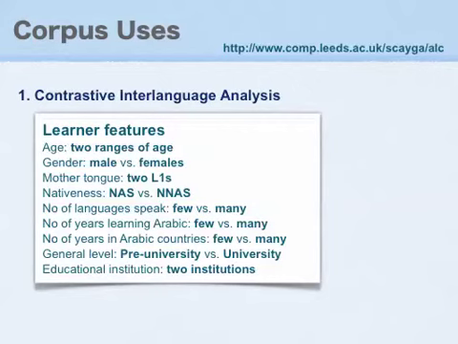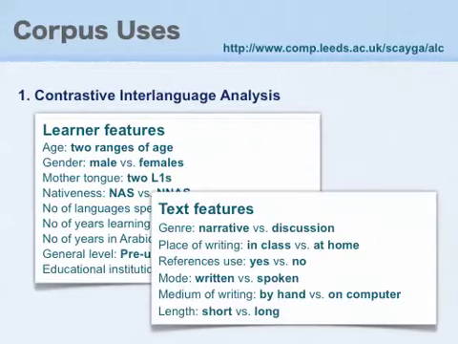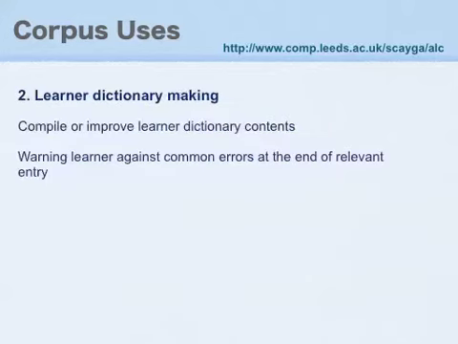So, the user can use the learner features like age, gender, mother tongue, nativeness, etc., or the text features like genre, place of writing, references used, mode of materials, etc., in order to do the contrastive interlanguage analysis.